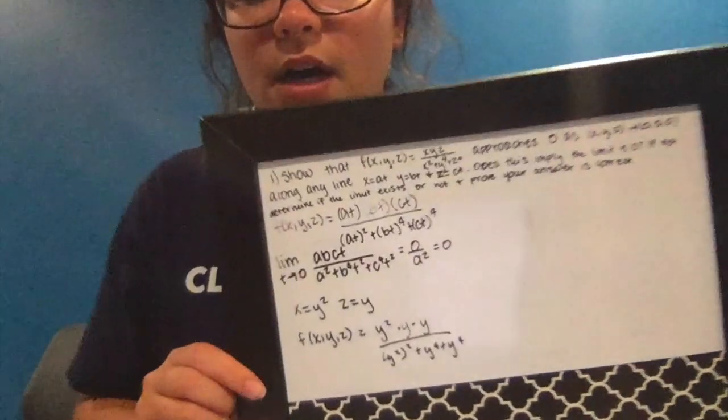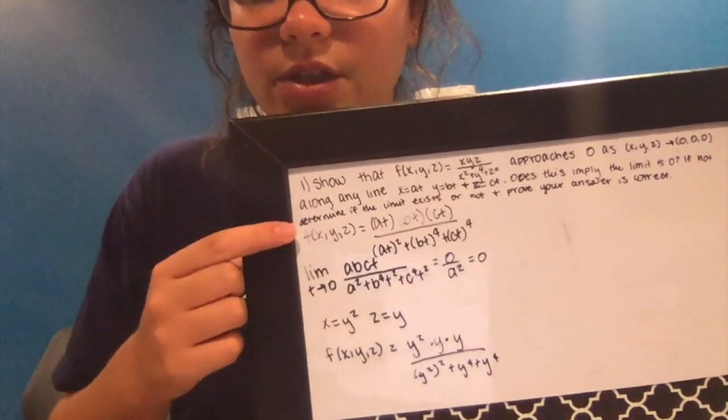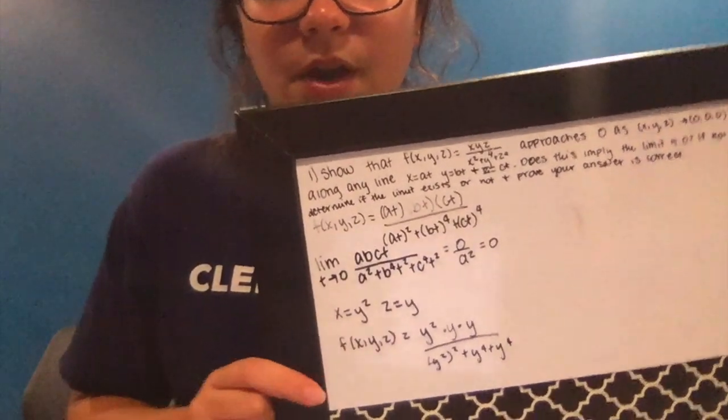We can see that here we are just plugging this curve into this function to get here. So to determine this limit, I'm going to take the limit as x, y, z approaches the point 0, 0, 0 of, and to condense this down, we have y to the fourth over 3y to the fourth.